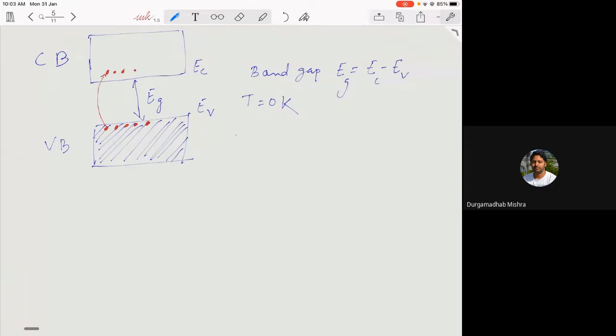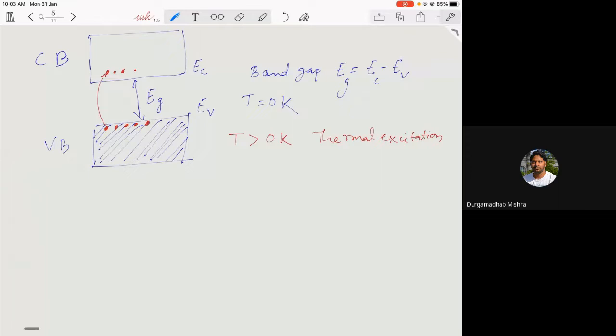This is when T is greater than 0 Kelvin, so there will be thermal excitation, and this energy comes from the lattice vibration or the atomic vibration. These atoms vibrate, and it can lead to a breaking of a bond, which will release an electron, or create a free electron which can go to the conduction band.